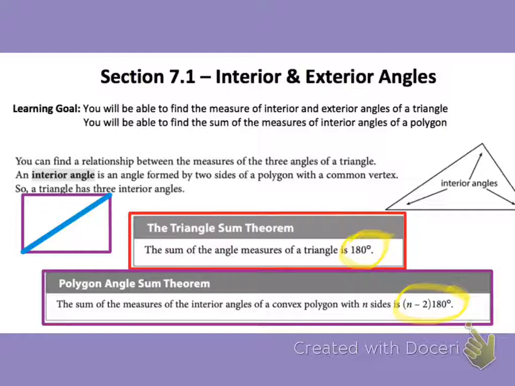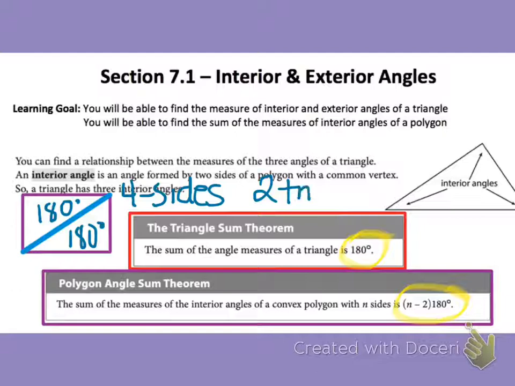So say I drew in all the diagonals from one vertex, and in this case that's just one. What I've just done is divided this up into two triangles, each of them with 180 degrees. So it was a four-sided figure, and I was able to cut it into two triangles.